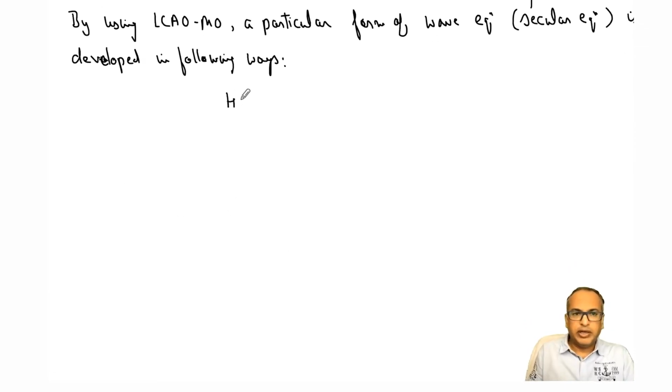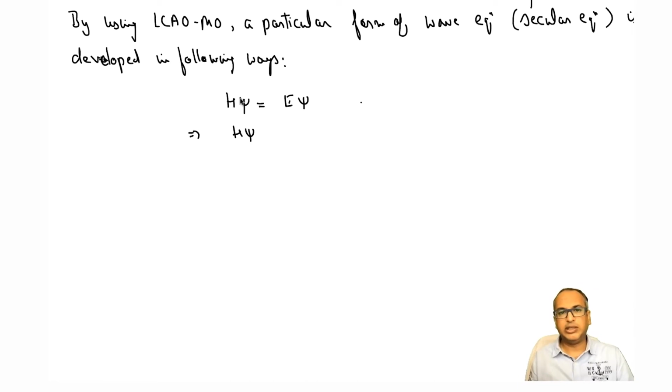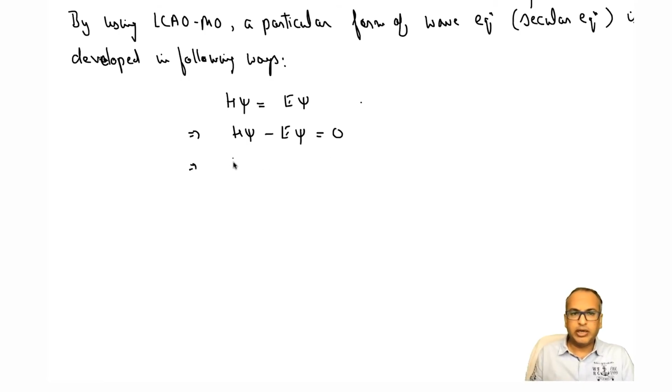So we all know that we can write H psi is equal to E psi. This is the Schrodinger wave equation, where H is the Hamiltonian, E is the energy, and psi is the state function for the molecular orbital. We have already discussed this before, so let's not spend time on it. We can take psi common and write K over here.